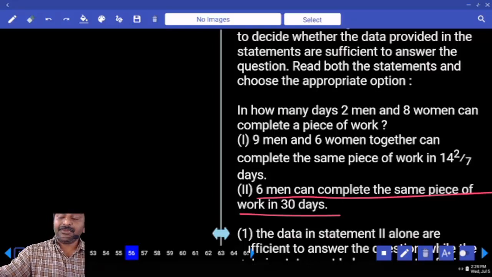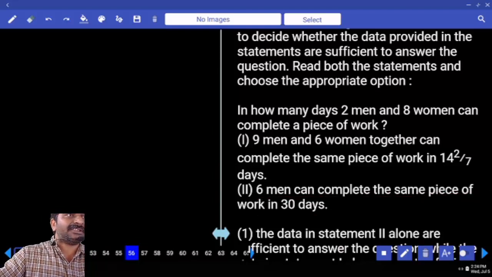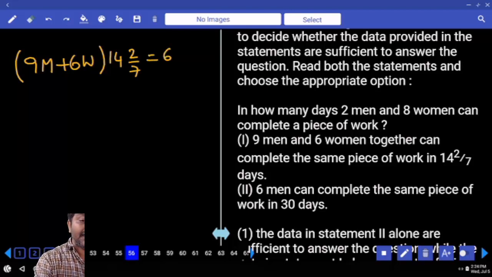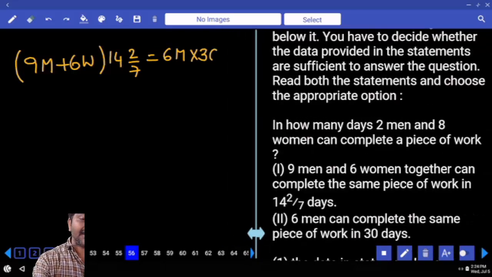Yes. If you use both the information, can you answer the question? Yes. 9 men and 6 women can complete the work in 14 2 by 7 days, M1D1, is equal to 6 men can do the work in 30 days, M2D2.